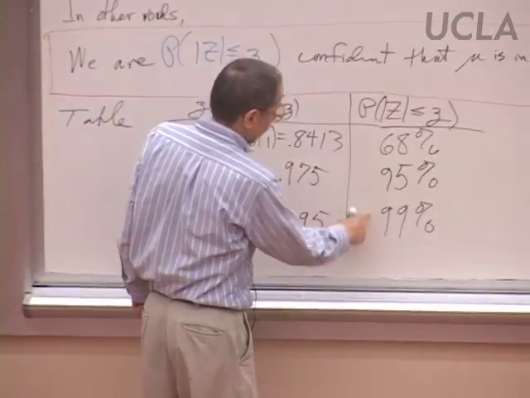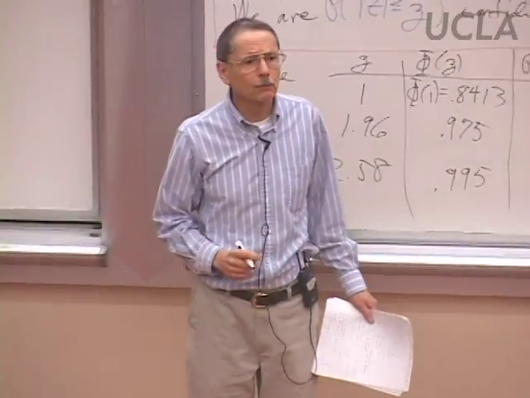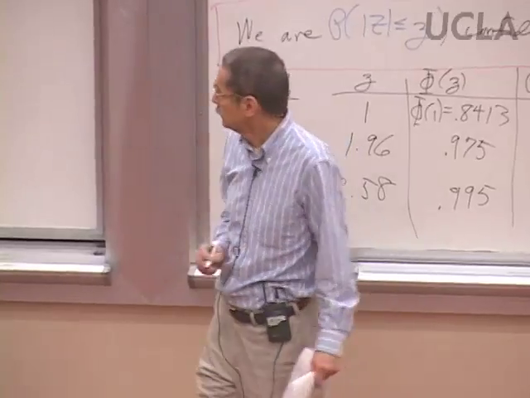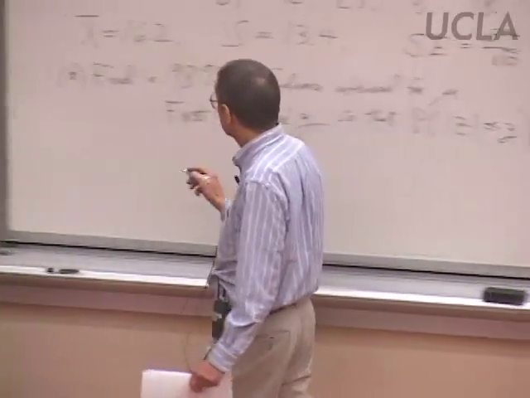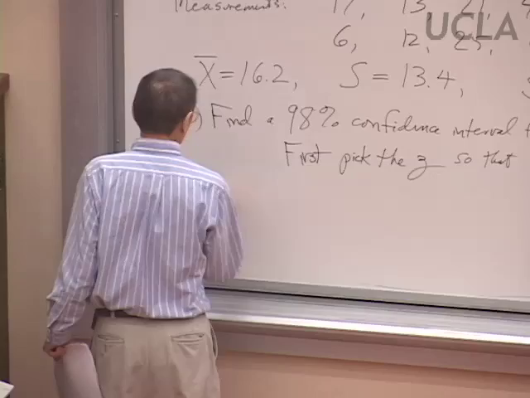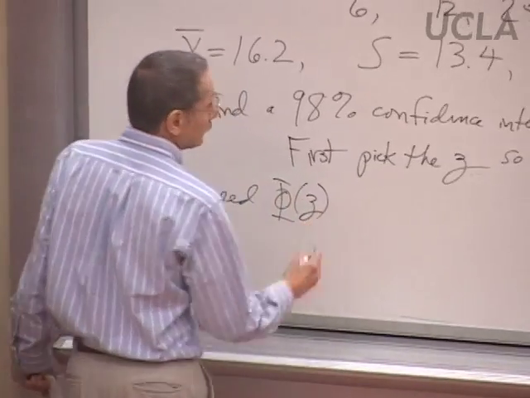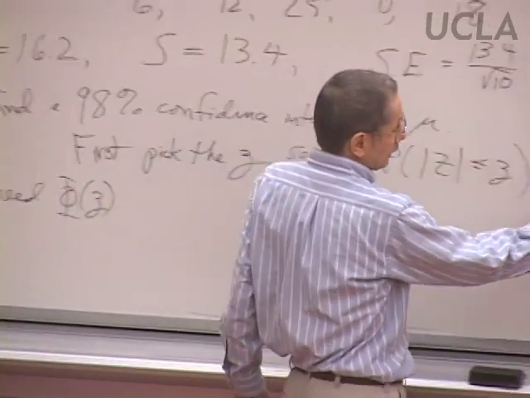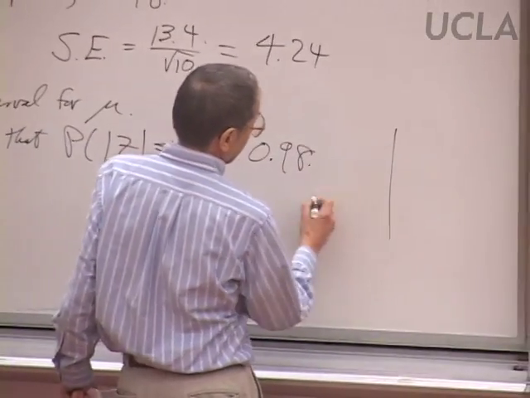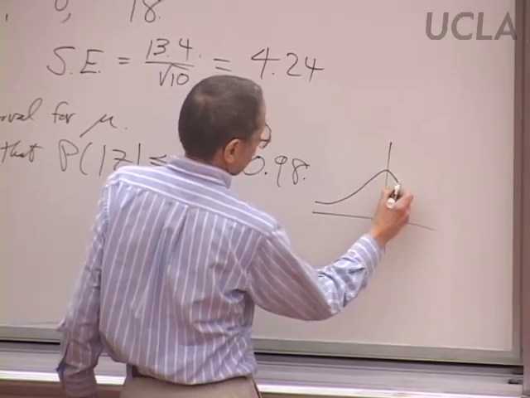Well, it's not on our table here, so we'll have to add one more line to our table. If this area is 98%, then phi of z is what?